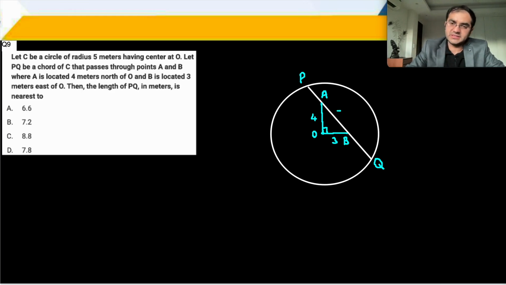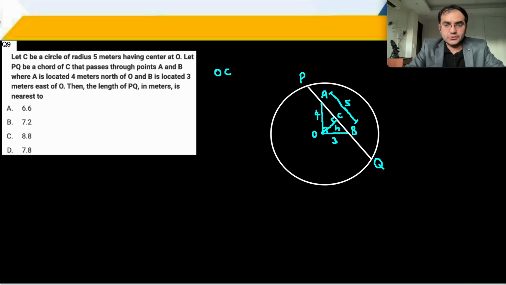Of course, when you draw the 3, 4, 5 Pythagorean triplet, AB is now 5. Let us now draw the altitude over here. In triangle AOB, draw the altitude H, and let us now find H. Let me keep this a little neatly. That is your 5.